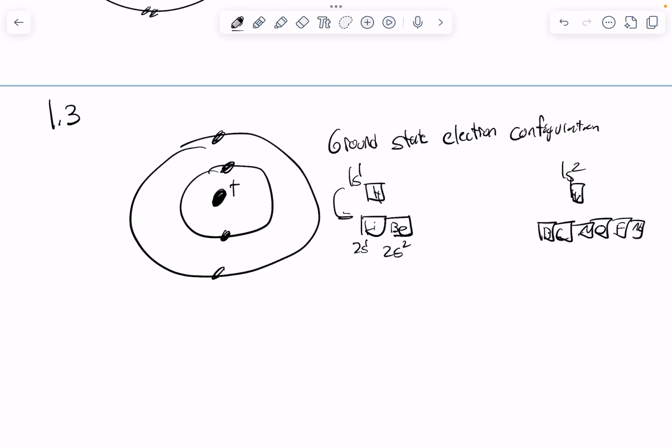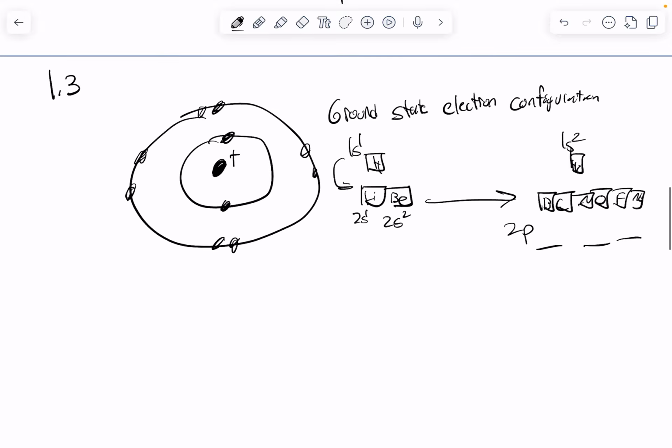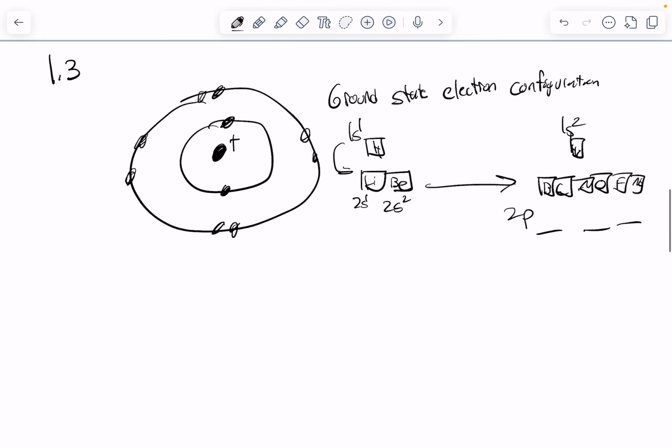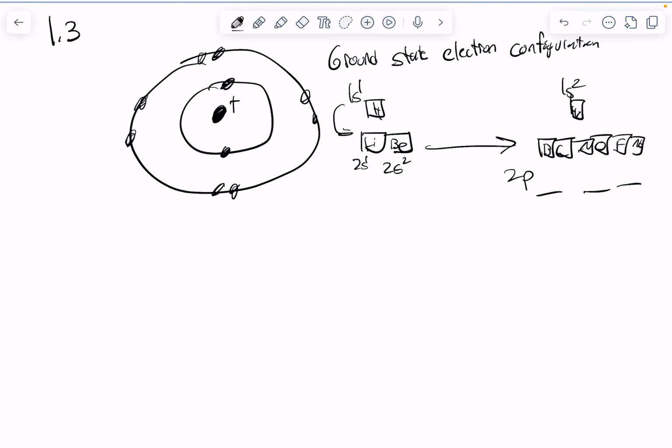And now we keep going. Now we're on to the p's. Now we have our 2p's. And the p's, remember, have 6 spaces for the electrons to go in. So if we're thinking about neon, it's going to have 1, 2, 3, 4, 5, 6. So it's going to have a full octet. A way we can visualize this very easily is writing out the electron configuration like so.